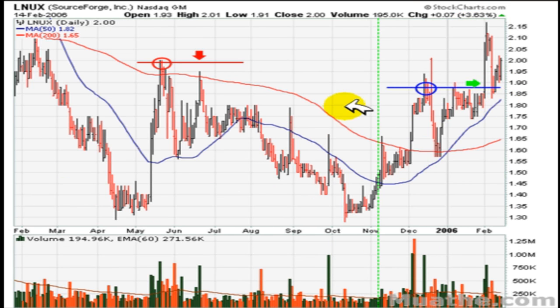Now next up, let's look at another play, and I remember we played this one perfectly in late 2005 and early 2006, I guess. Linux had been forming this flat 200-day moving average after falling for a couple of years. Flat 50-day moving average, classic. This is a classic.